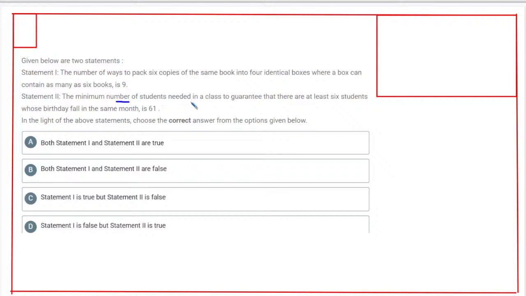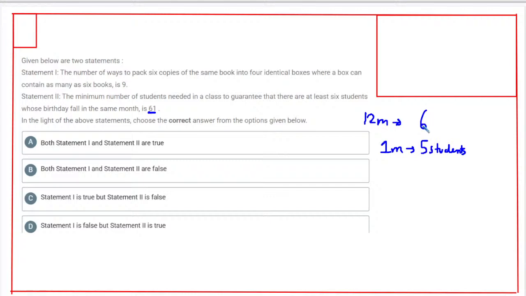Now, second one, minimum number of students in a class to guarantee at least 6 students whose birthday fall in the same month is 61. So if I assume that there are 61 students, okay, there are 12 months, and in each month there are 5 students who have the birthday on the same month.